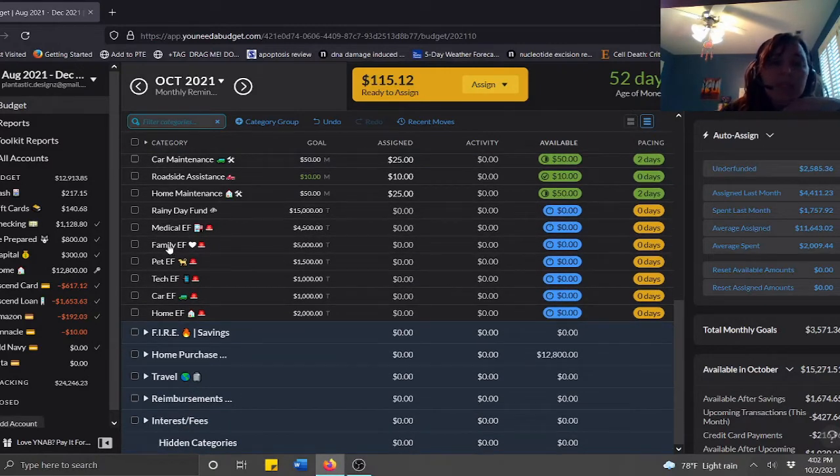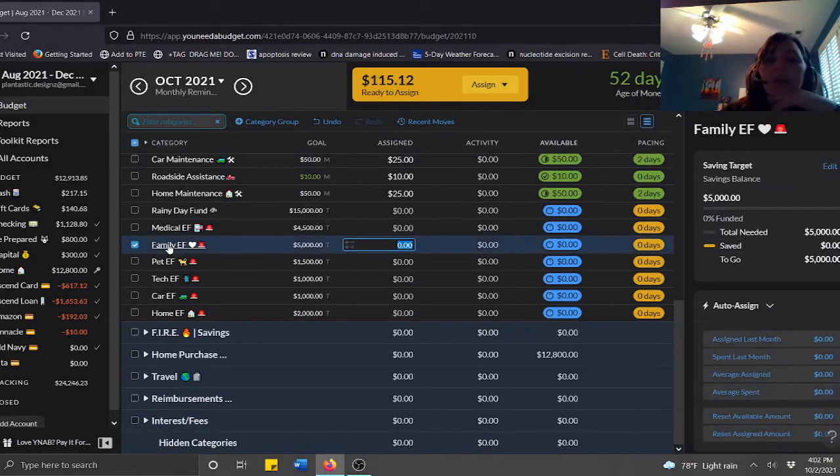So then the next one is family emergency fund. So this is $5,000 I'd like to have set aside. My intention with this would be, if my family needed any help, I would have some money set aside to help them. Just a little bit, not a lot, because obviously I'm not that well off yet, but I'd like to be able to help them if I could.